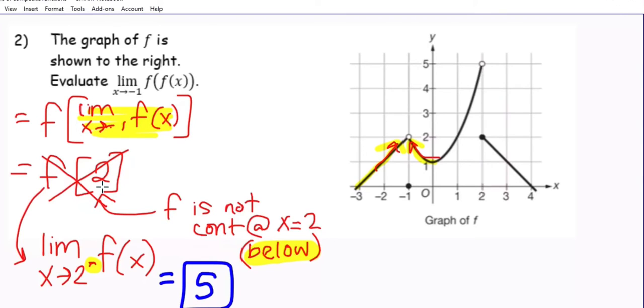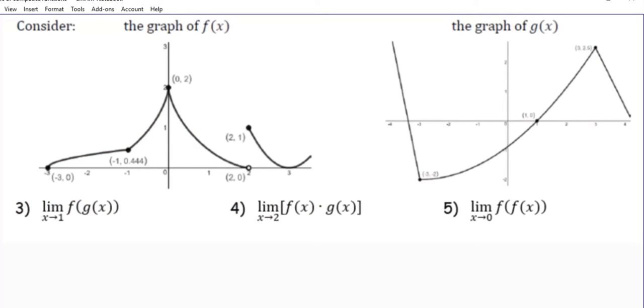So at the bottom, I have problems 3, 4, and 5 that are going to use the graph of f and the graph of g. Okay, so we have to keep track which graph is which. So problem number 3. Immediately, I'm going to rewrite this as f on the outside, limit as x approaches 1 of g of x goes on the inside.